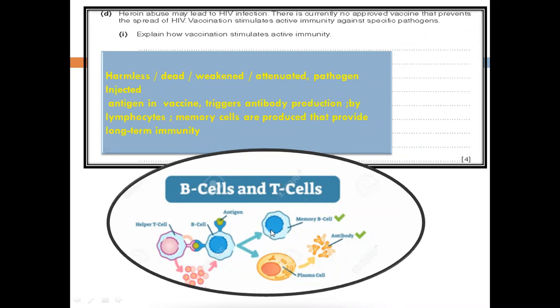When it starts mitosis, one cell will form a memory cell while the other will be a plasma cell. Plasma cells are the effector B lymphocytes that produce antibodies at that time, while the memory cell will remain for a long time in your body. If next time the pathogen comes, this memory cell will divide quickly and start production of antibodies.